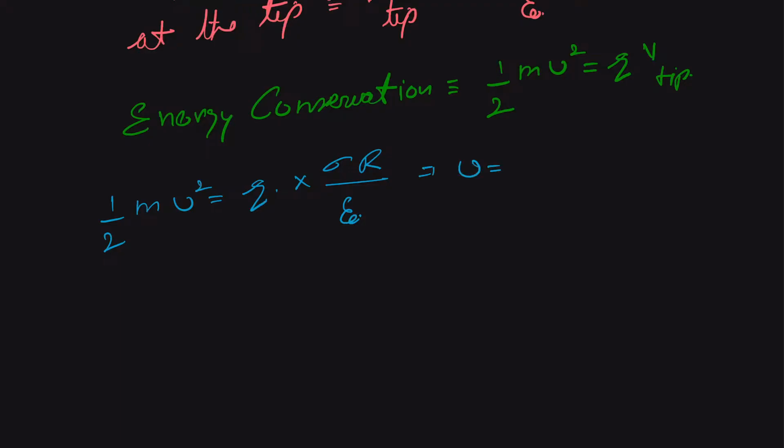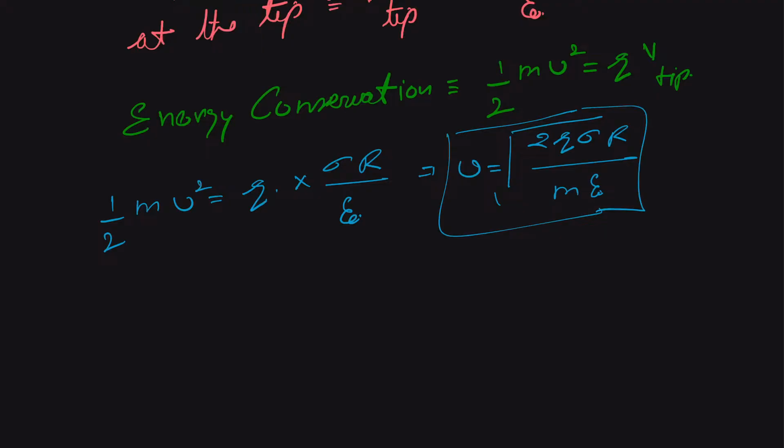So we get the velocity will be equal to the square root of 2q sigma r divided by mass into epsilon naught. So this is our main velocity.